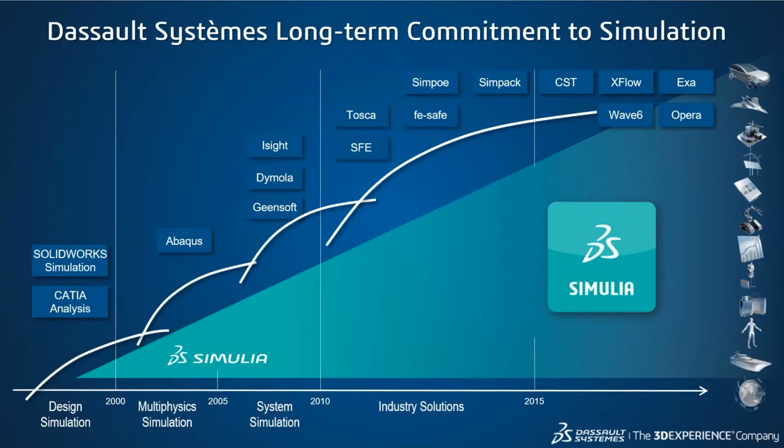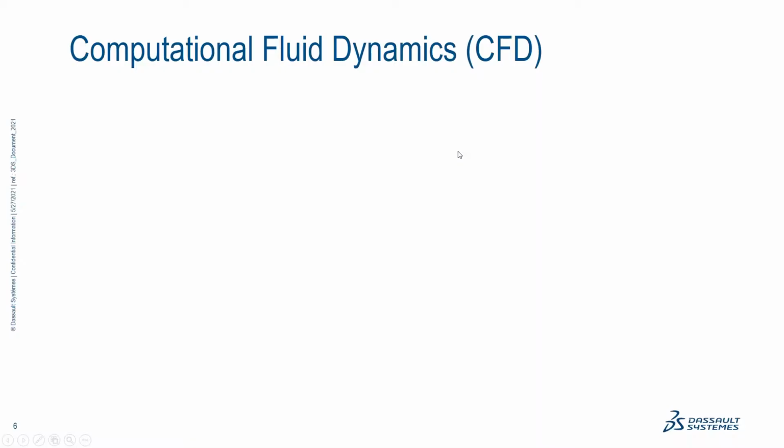Again, you see the long list. The flagship product on the structural side is Abaqus, which is very well known in the FEA industry, having been around since 1978. Obviously, many of you are familiar with SolidWorks Simulation products, but just keep in mind that there are lots of different solutions available as part of the Dassault Systems portfolio.